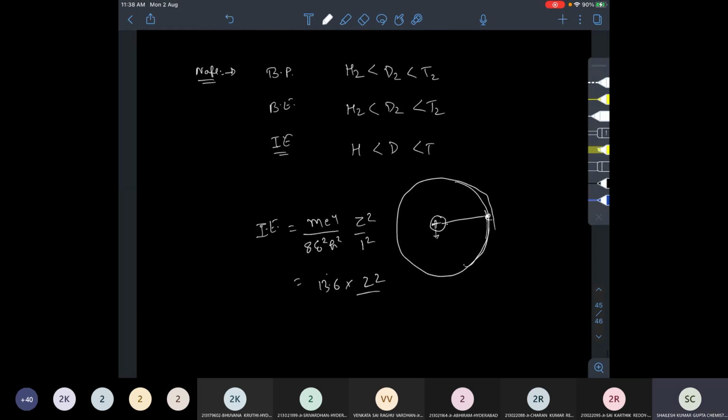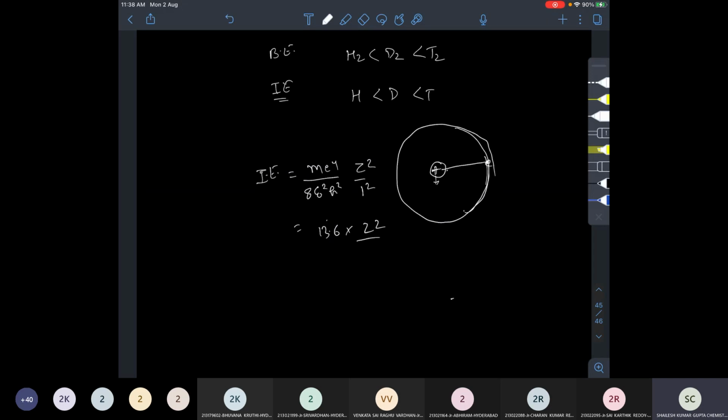But the problem here is, in the actual case, by the conservation of momentum, the electron does not revolve around the nucleus. Rather, both of these systems revolve around their common center of mass. So even this is going to revolve like this, and this is also going to revolve like this, my dear.